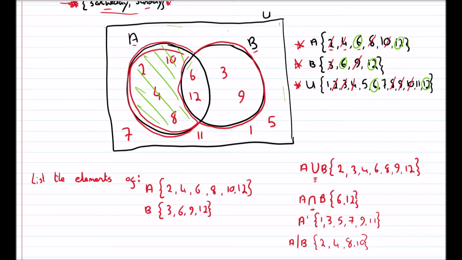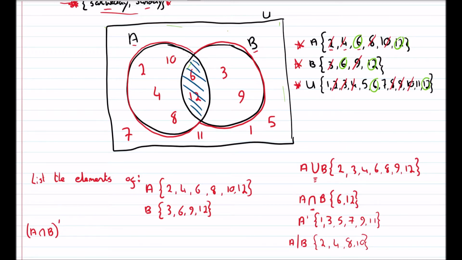Right. Just one more. They could try, I suppose, mix it up a bit for us. They could say something like this: A intersection B complement. Now what that is, everything except what's in A intersection B. So if we tidy this up a bit, that'll be everything except what's in here.